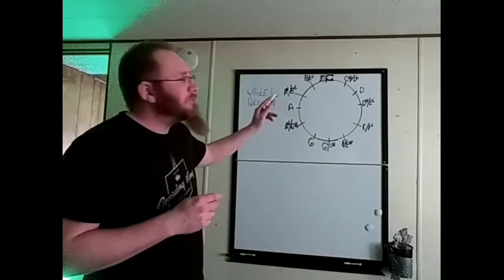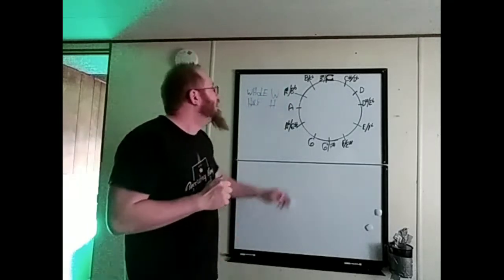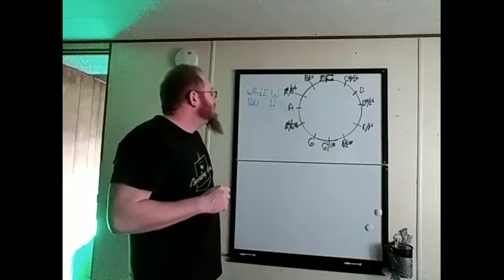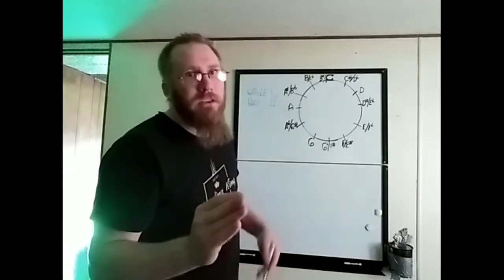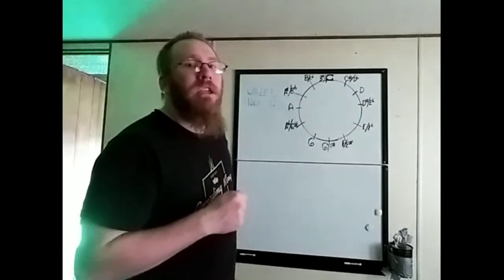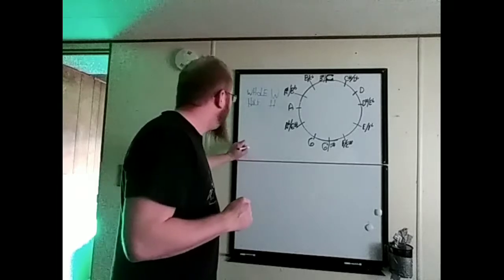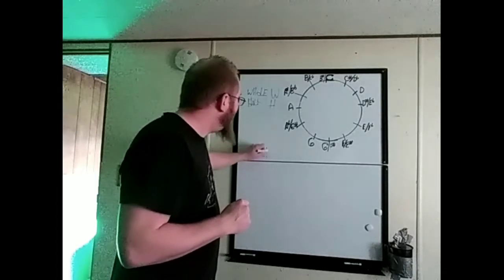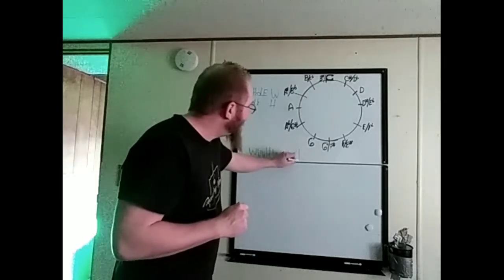We are going to figure this thing out together. So, to make a major scale, in this case Ionian, you have this pattern: whole, whole, half, whole, whole, whole, half.